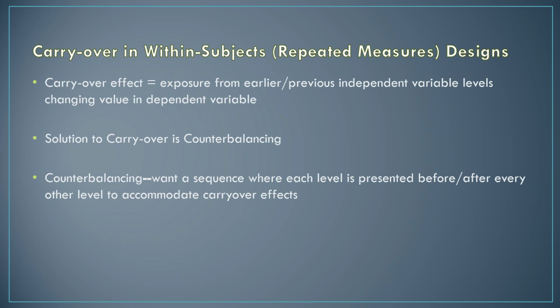You have to also then keep this in mind when you are interpreting the results of your within subjects designs, making sure that you are including any potential carryover effects as part of your interpretation of those results.